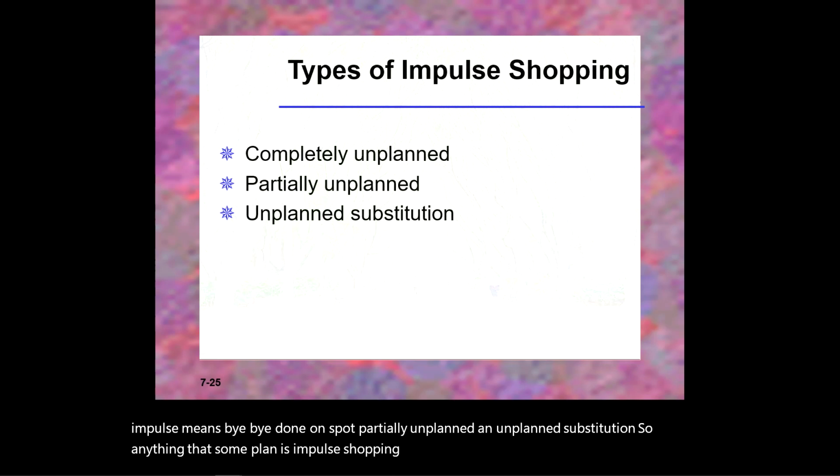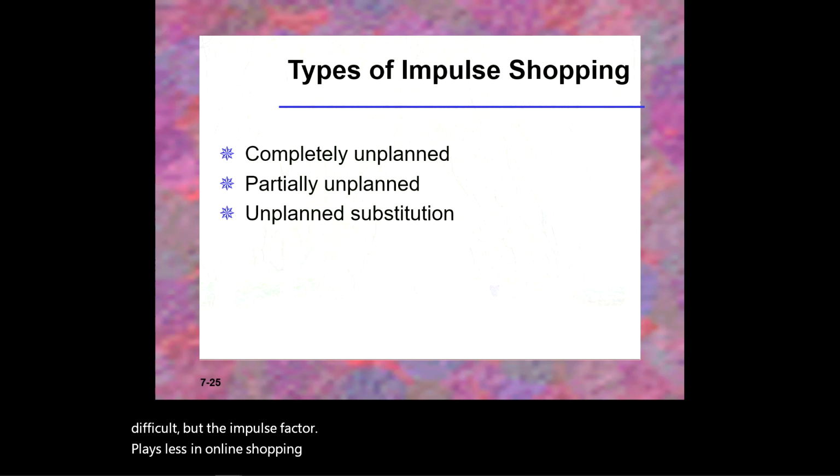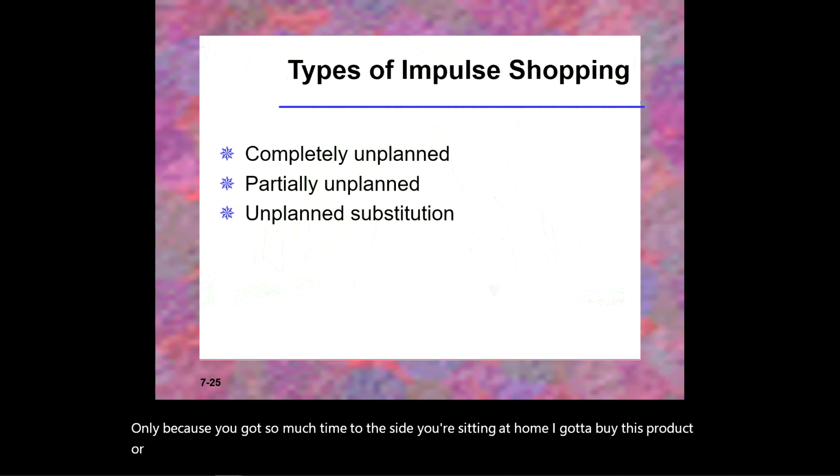And I think the impulse factor plays less in online shopping, don't you think? Only because you've got so much time to decide. You're sitting at home, am I going to buy this product or not? And the other factor is it gets delivered in a couple of days.